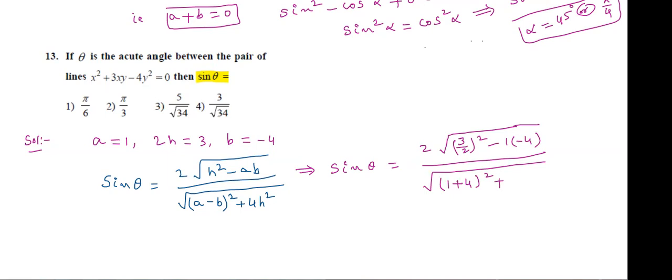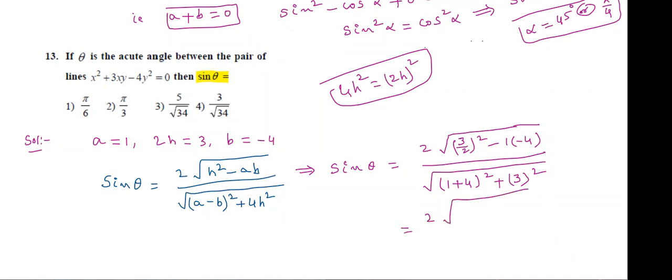Plus 4h square, that means 2h whole square. We get 3 square. 4h square means 2h whole square only. That's why in place of 2h I directly wrote 3. So calculate this numerator first. Under root 4 is the LCM. We get 9 plus 16 by 4, divided by under root 1 plus 4, 5, 5 square 25, 3 square 9.